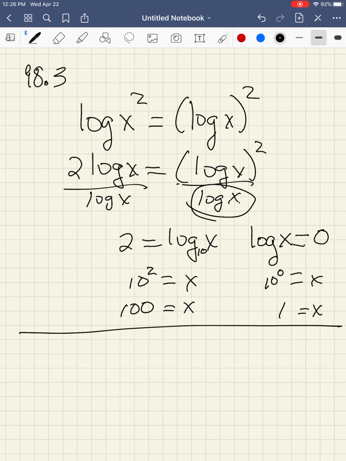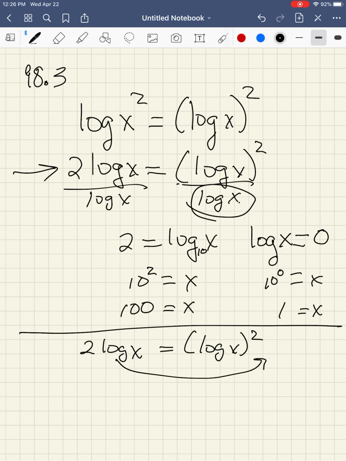The second way, which is the way that I encourage you to do it, is to go back and start at this point. So it would be 2 log of x is equal to log of x quantity squared. And I want to set this equal to 0 and solve it. So I'm actually going to move this over here. And at this point, I can factor out a log of x from both of them.